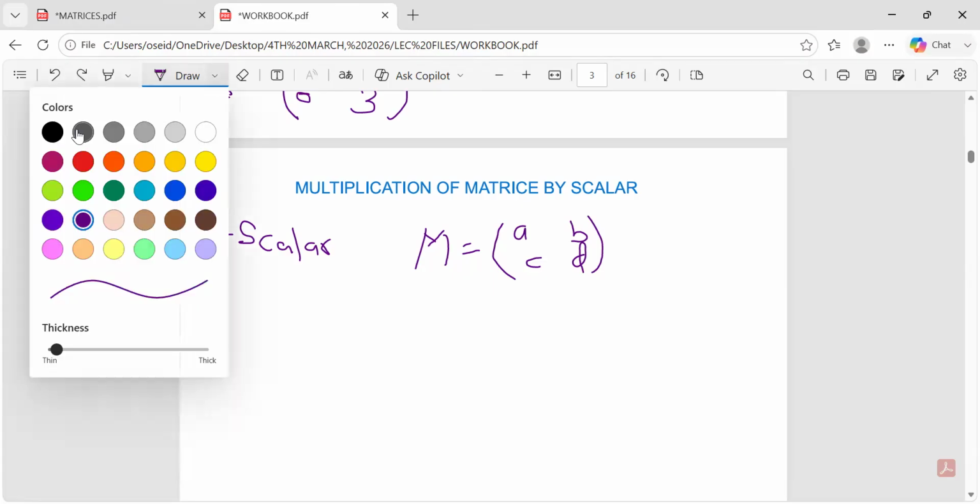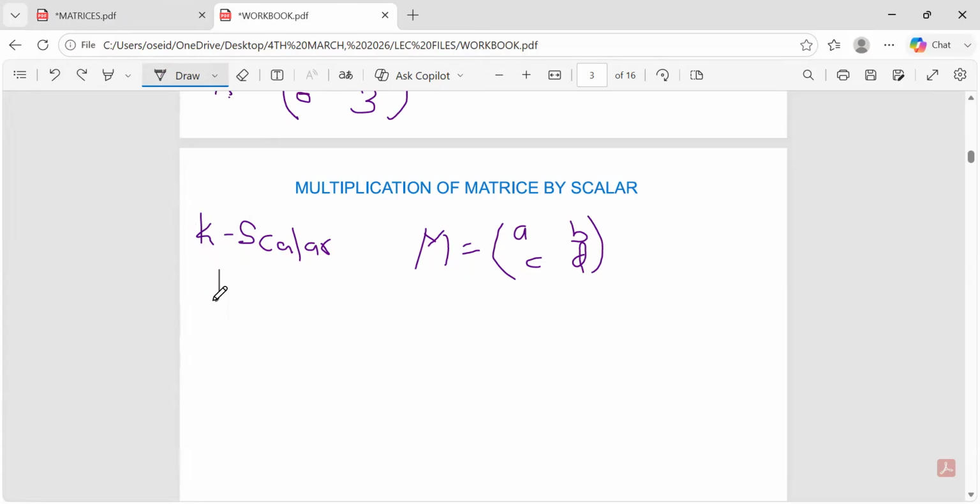If you are being asked to find Km, definitely it means that K is going to multiply M. So Km will be equal to K, which is the scalar, will multiply the entries or the components in matrix A. So we are going to get Ka.